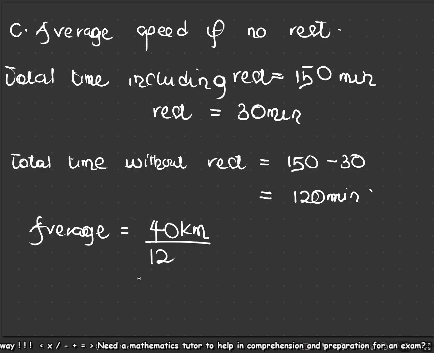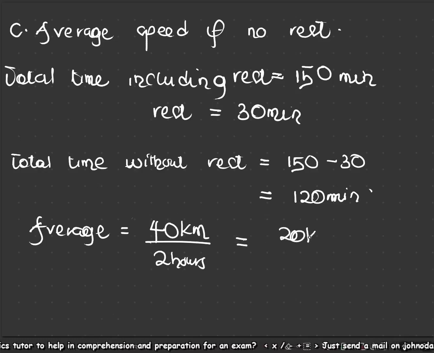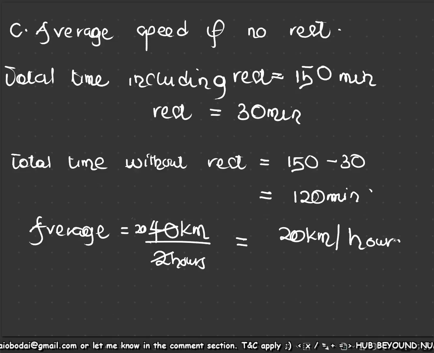Well, 120 minutes, you know that is 2 hours. So you write that as 2 hours, right? Evaluating this, we are going to get 20 kilometers per hour. That is 2 into 40. How many times? 20 times. Hence, we have 20 kilometers per hour.